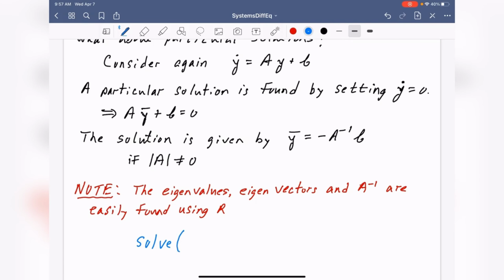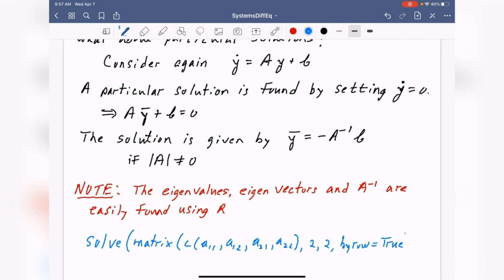All right, then we have to create the matrix A, and then c(A1,1, A1,2, A2,1, A2,2), and we're going to make that a 2 by 2 matrix, 2 by 2, byrow equals TRUE. Let me just check, byrow is TRUE, and we need to make sure we got these matching brackets. So that's how you get A inverse.